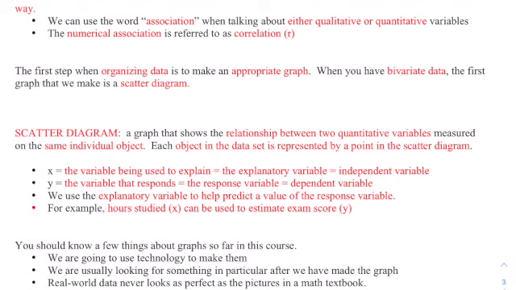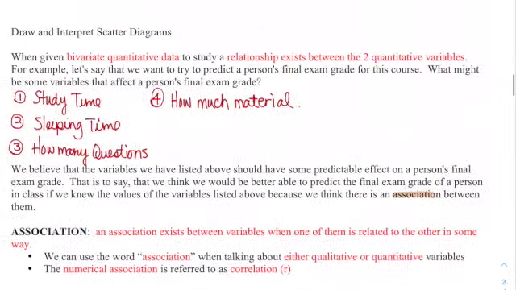So X is the variable being used to explain, the explanatory variable or independent variable, and that's on the x-axis. Y is the variable that responds, the response variable, or dependent variable, and that's on the y-axis. So think about the bacteria problem that we did before.